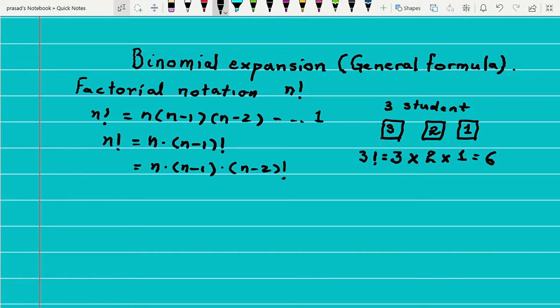Now take for example, I want to simplify 5 factorial upon 3 factorial. So using this property, I can write 5 factorial as 5 into 4 into 3 factorial divided by 3 factorial. So 3 factorial will get cancelled, and that is equal to 20.